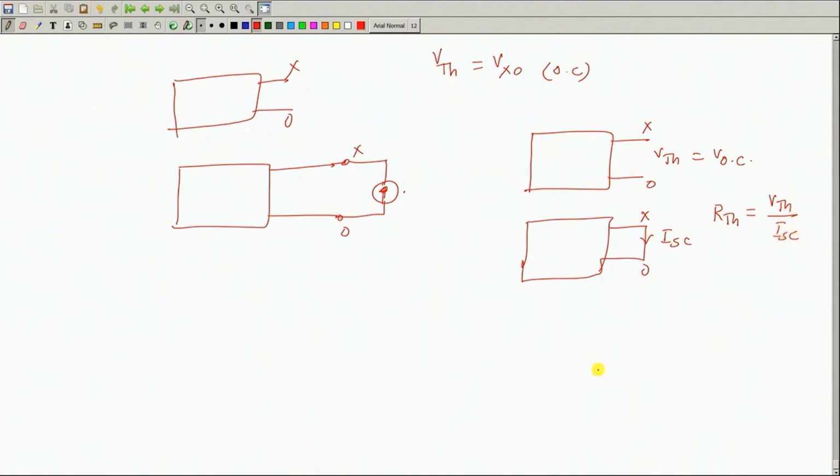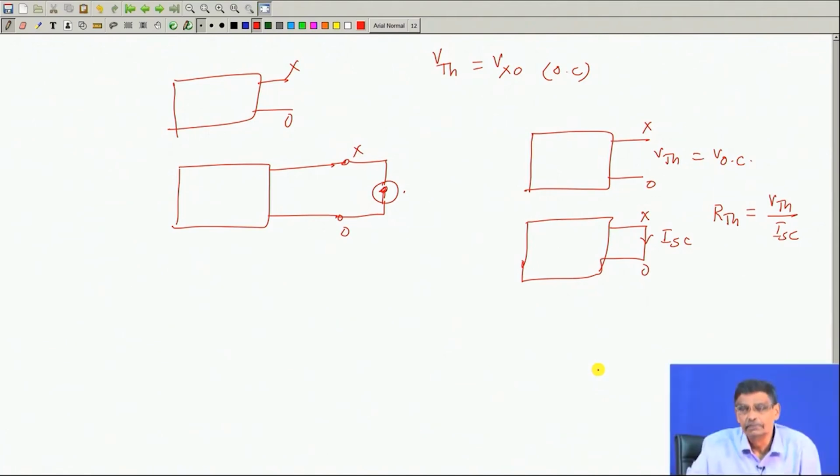So, another way of calculating Thevenin's impedance is to find the open circuit voltage and the short circuit current. Because if this circuit is replaced by its Thevenin equivalent, this is the open circuit voltage and this is R Thevenin.